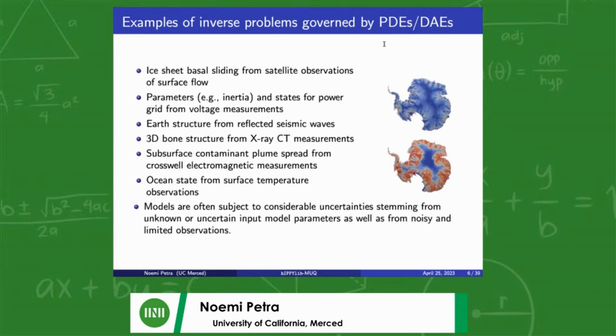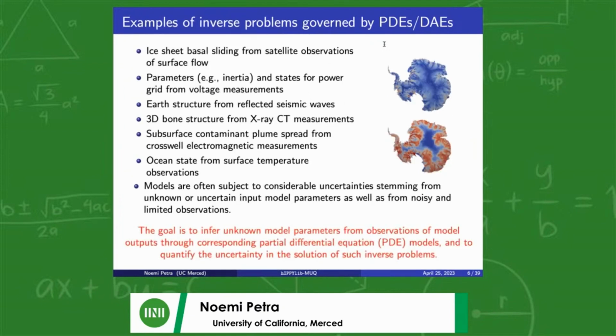What these problems have in common is that they are usually governed by differential equations. And these models are often subject to considerable uncertainty stemming from unknown or uncertain input model parameters, as well as from noisy and limited observations.